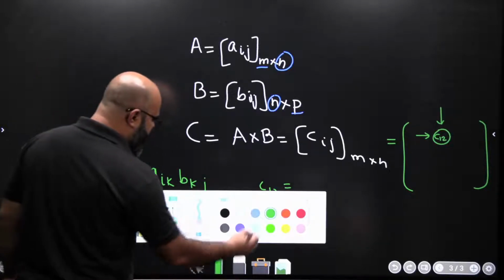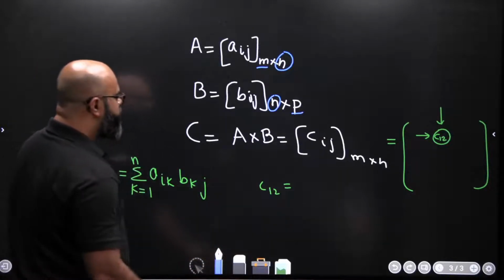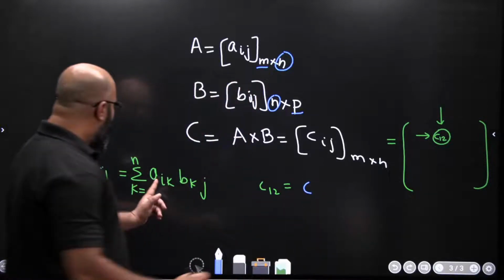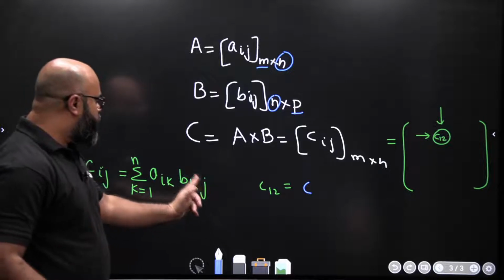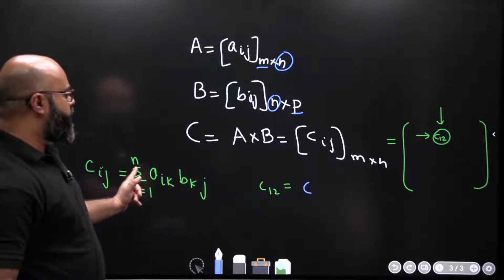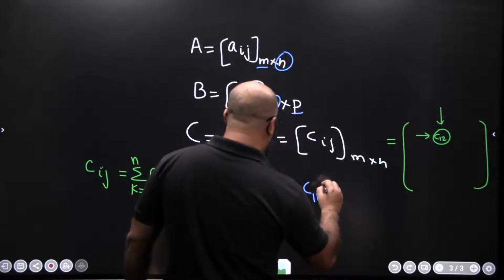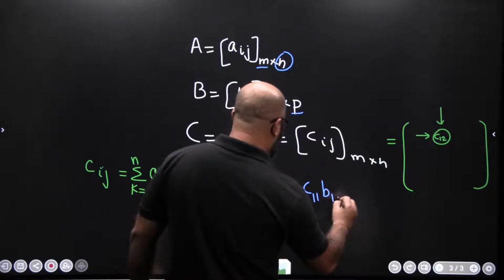So what will be its value? Its value will be, if we see here, i is 1, j is 2, k varies from 1 to n. So C11 and B12, right?